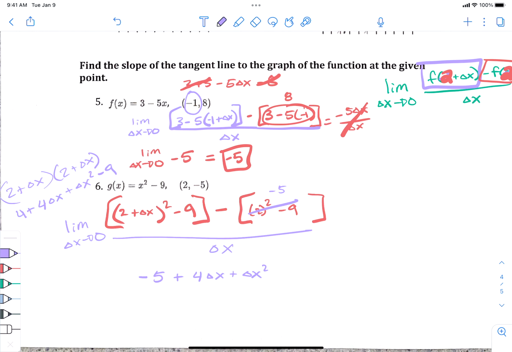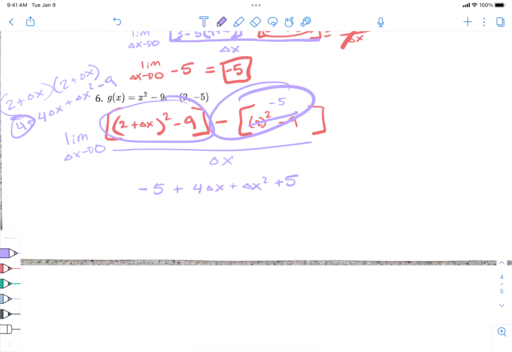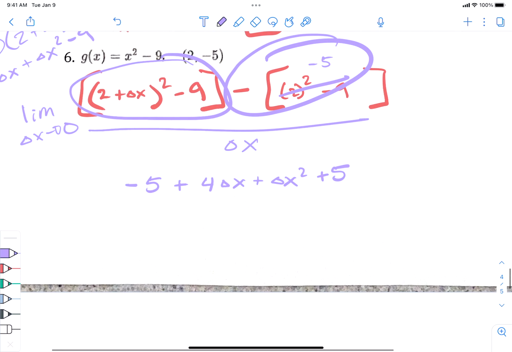And then plus 5. Where did the plus 5 come from? The plus 5 is from subtracting the -5. All over change x.